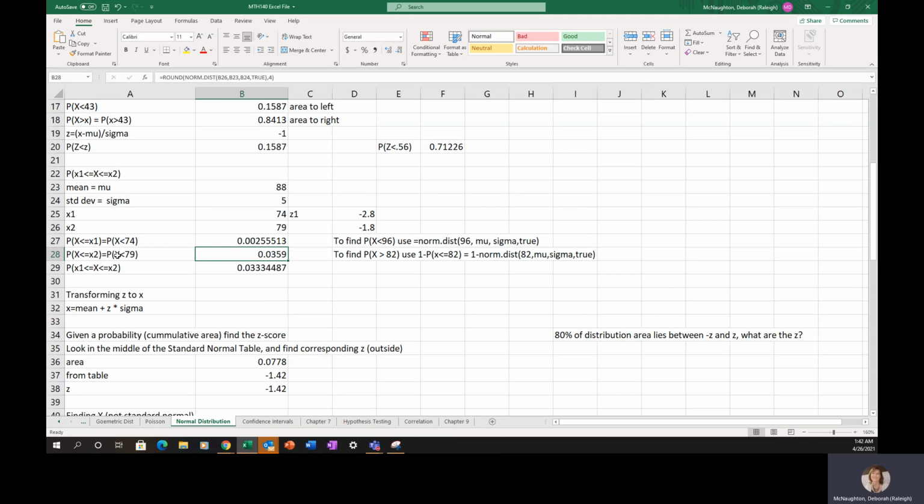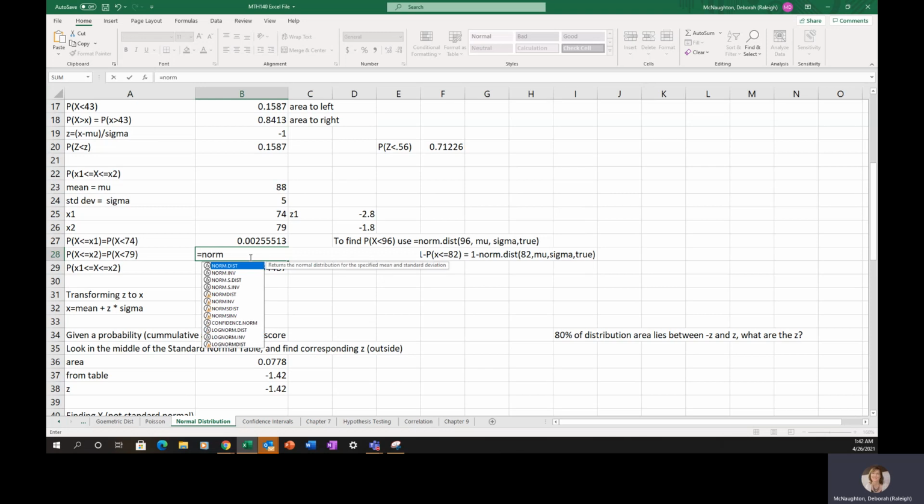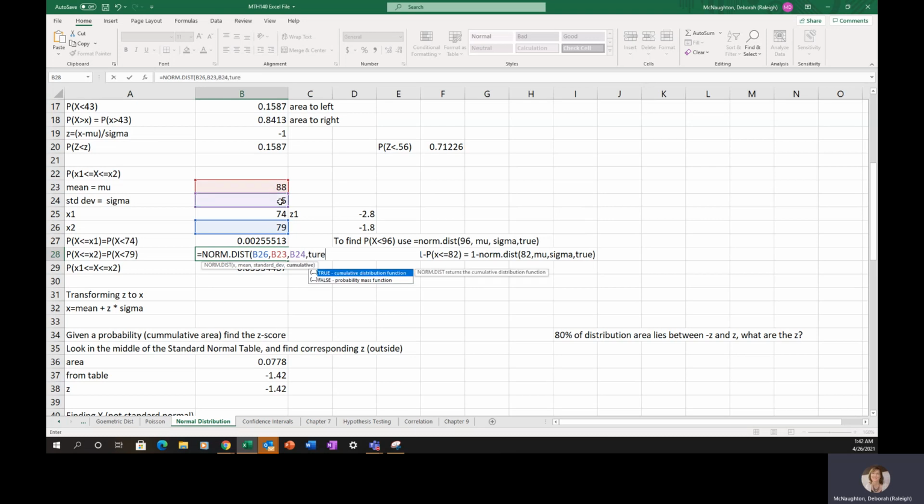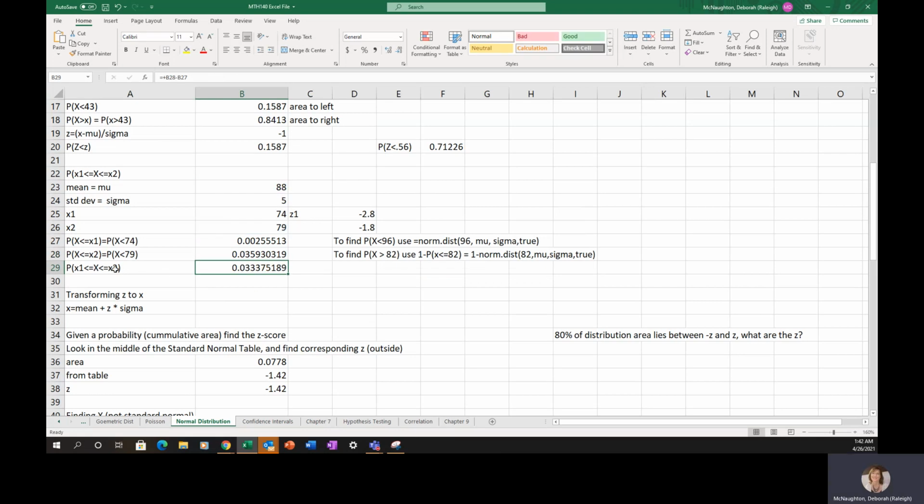Okay, and then to find the probability X is less than 79, we go equal norm dot dist 79, comma, mu, comma, sigma, comma, true. And then to find the probability that it's in between, it's always going to be, this one will have a larger probability, right? So we take that one minus that one. And then however many places they wanted it rounded to, you can just move this to get the right ones.